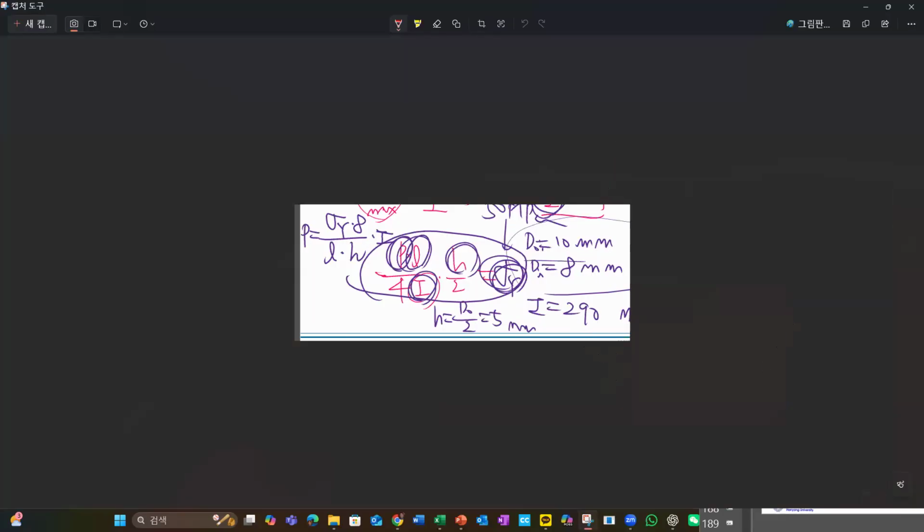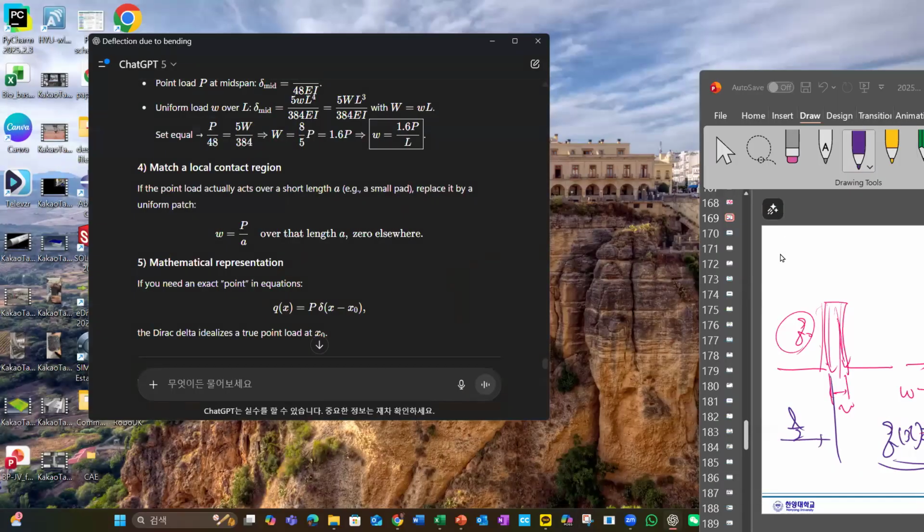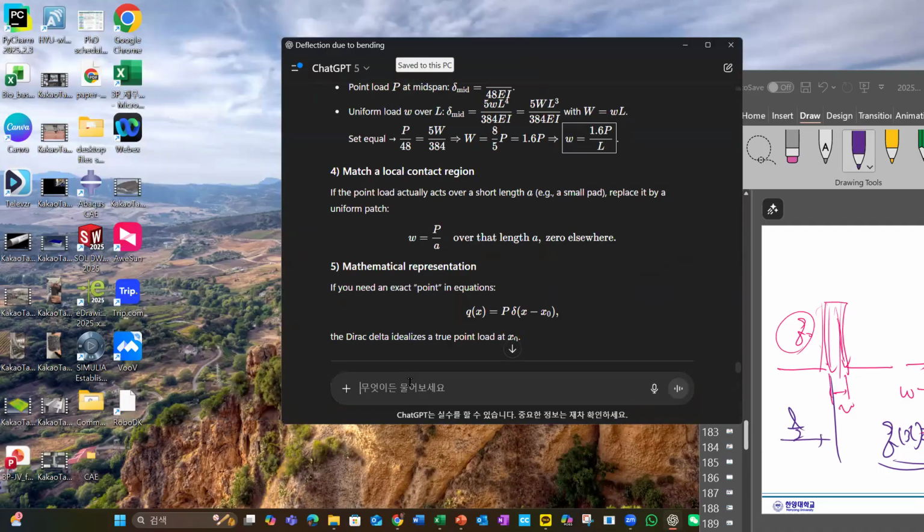Okay, so 그러니까 지금 let's try to solve the beam problem using fourth order equation.